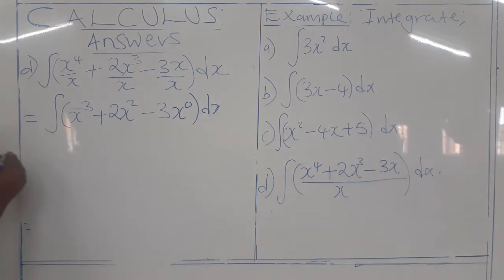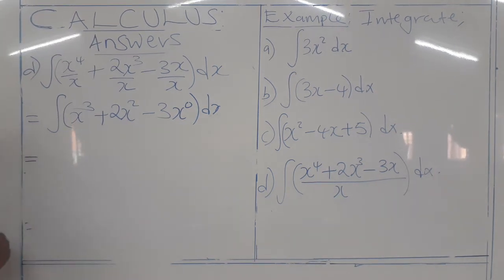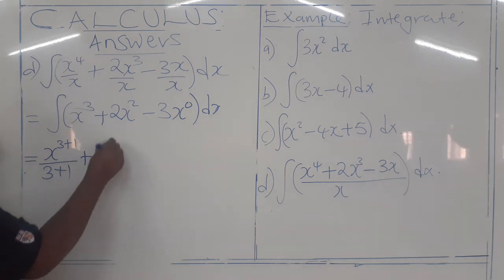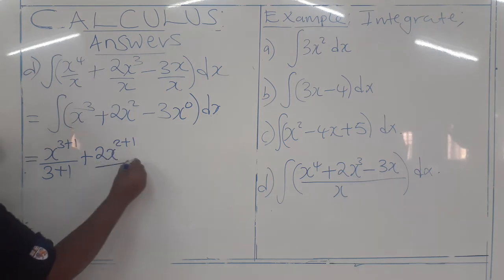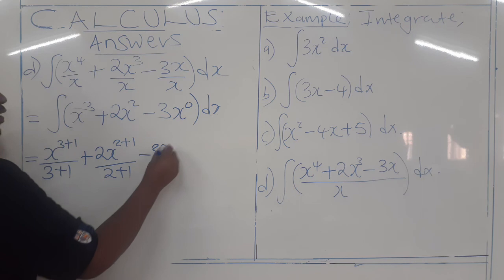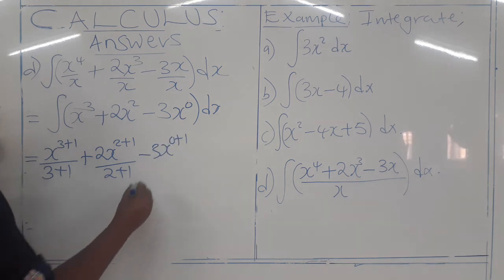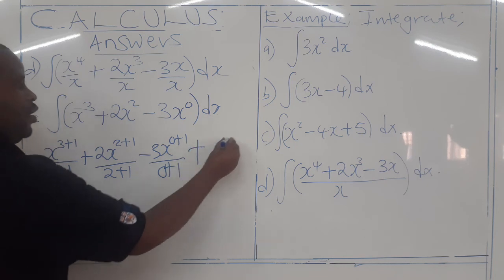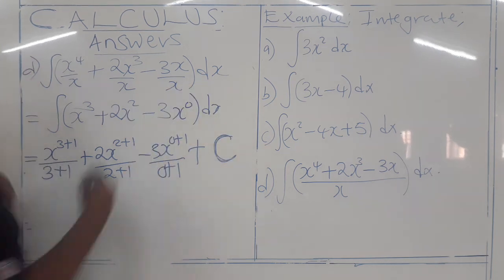So now we begin to integrate. So what are we going to have? We'll say x to the power 3 plus 1 divided by 3 plus 1, plus 2x to the power 2 plus 1, everything divided by 2 plus 1, minus 3x 0 plus 1, everything divided by 0 plus 1, plus the arbitrary constant.